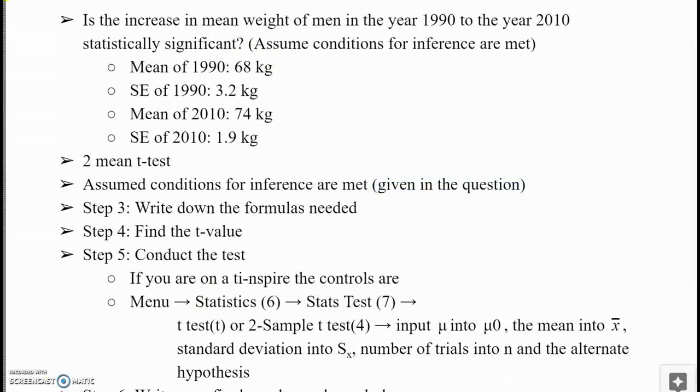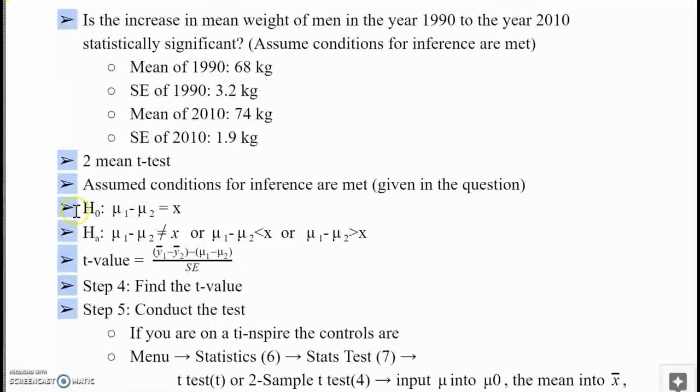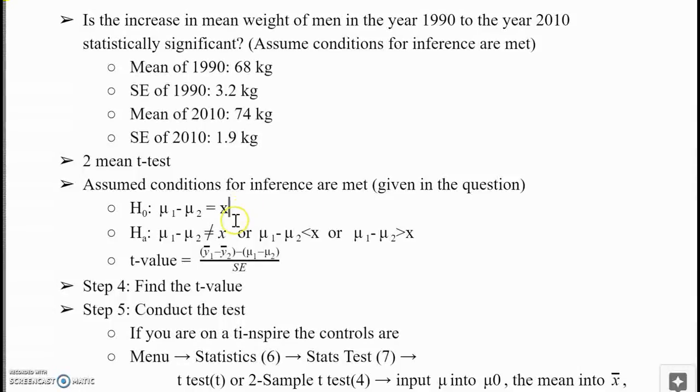Pause if you would like, or you can again follow me. So we need to look at our null, our alternate, and our t-value. For the null, we know: is there an increase in mean weight? Since it doesn't say what exactly it is, we would keep it as a 0. Now it all depends on how we write this.